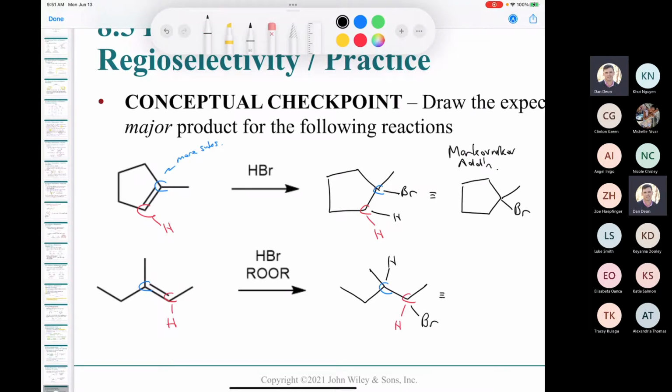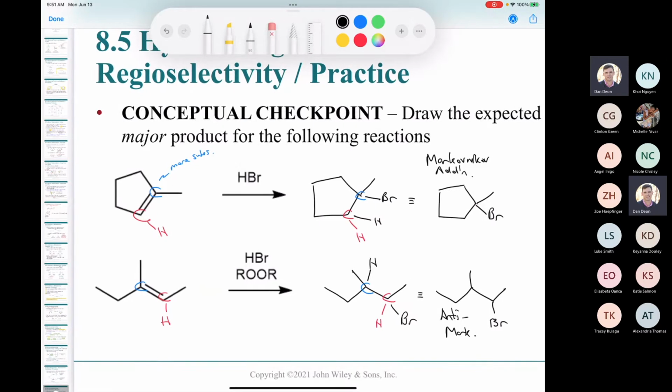If I write that out in a nice bond line structure, it's going to look like this. So this is the anti-Markovnikov product. I'll just use Mark period for short. Give me a thumbs up if you follow me on anti-Markovnikov. So you're down with Markovnikov and anti-Markovnikov.